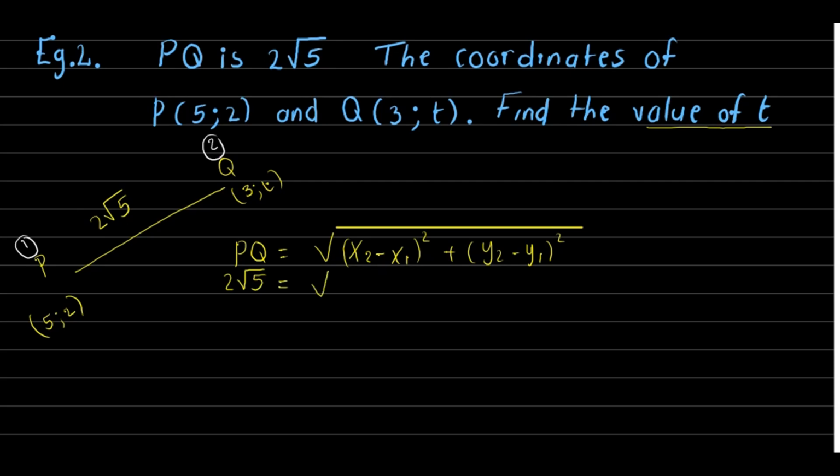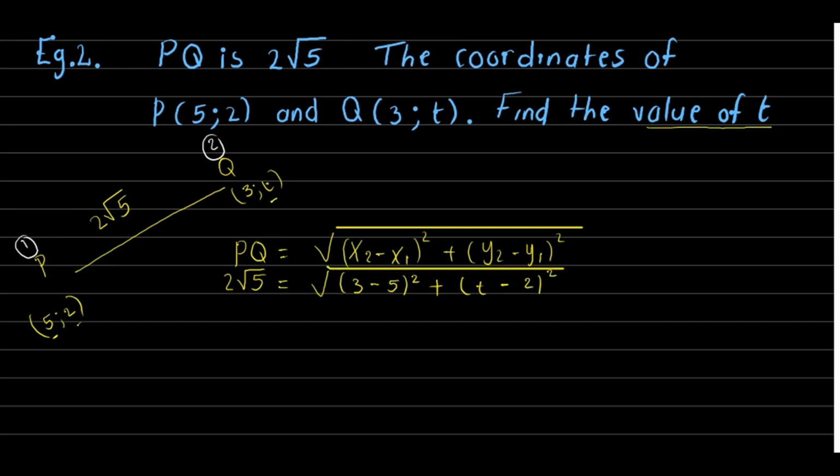Our x2 is 3 minus, what is our x1? Our x1 is 5, all squared, plus, what is our y2? It's the t, minus, what is our y1? It's the 2, all squared.